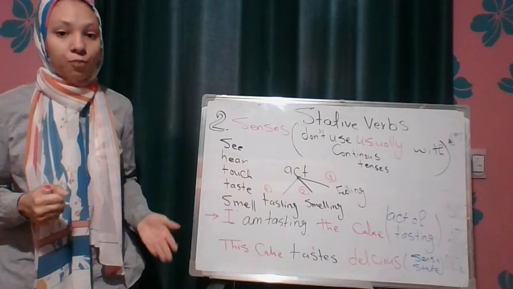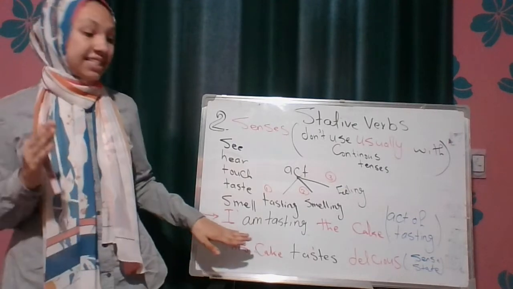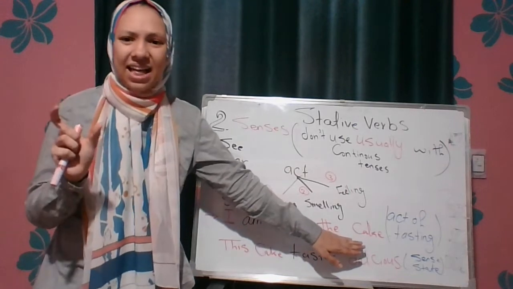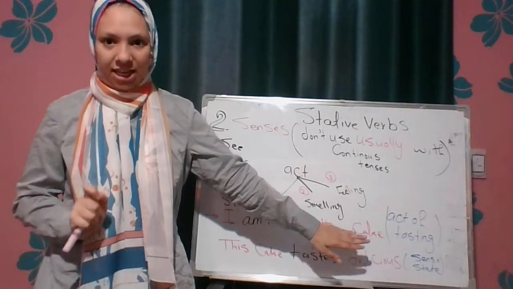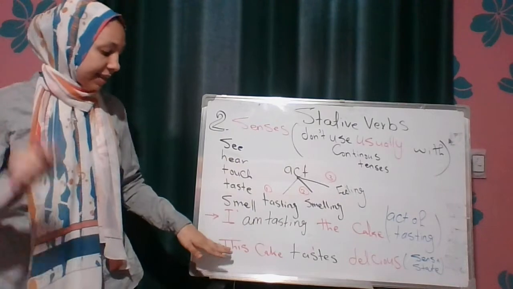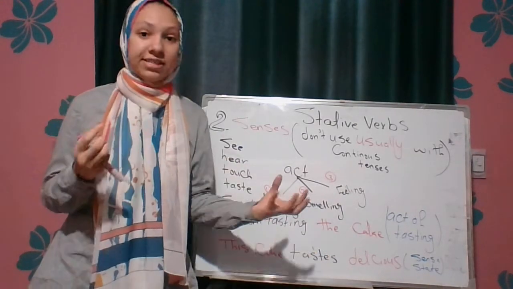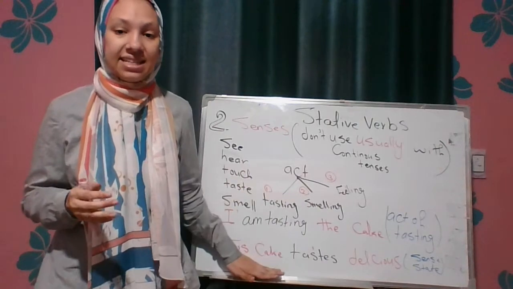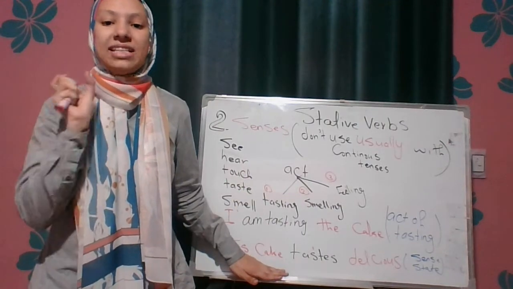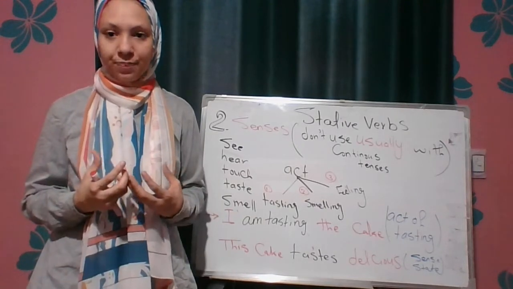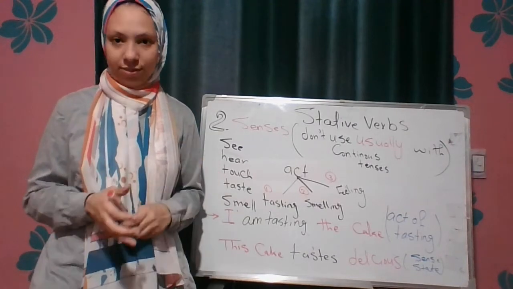For example, I am tasting the cake to make sure it's good. So here there is an act of tasting, but this cake tastes delicious. So "tastes" here comes as a sense, a state. This is the difference between them.